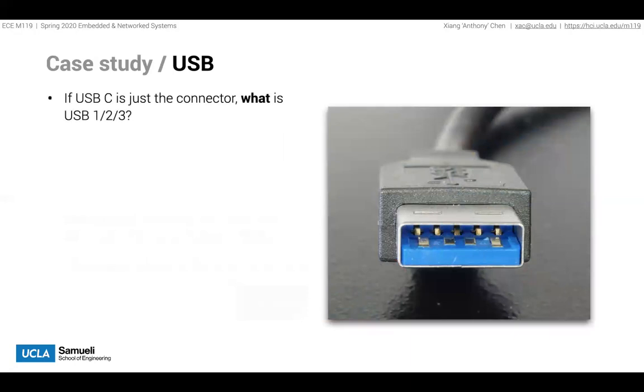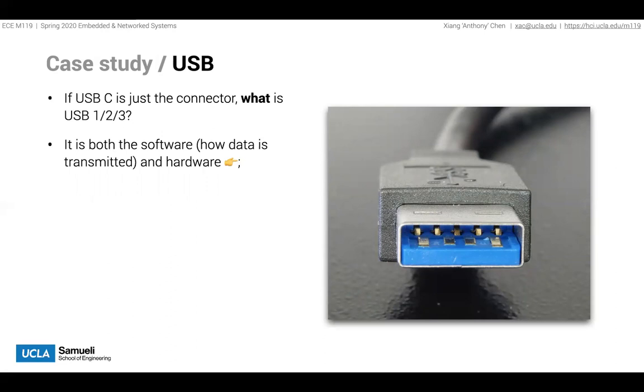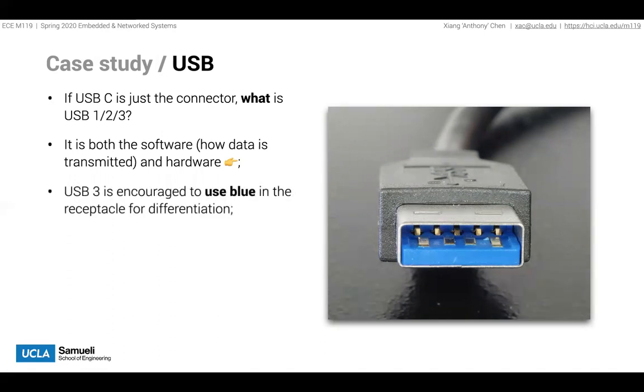So if USB-C is just about the shape of the connector, then what is USB 1, 2, 3? It turns out it's both the software, that means how data is transmitted, and the hardware. So depending on which one you are using for USB, the adapter might have a different physical design. USB 3 is encouraged to use blue to differentiate itself.